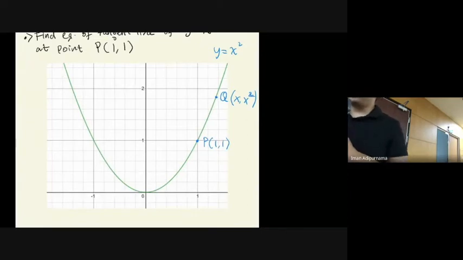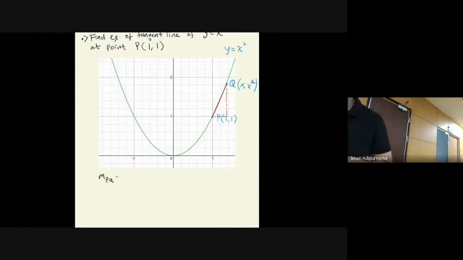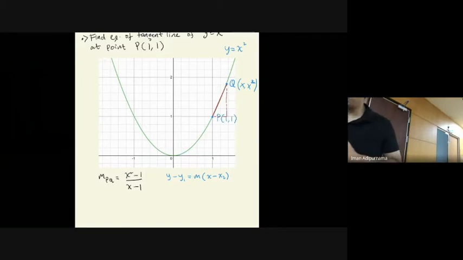You have P and Q. If I draw a line like that, from this triangle I know the gradient of PQ is x squared minus 1 over x minus 1. Or if you want the whole equation, this straight line equation. Sometimes it's written with a and b, but I think you get the point.